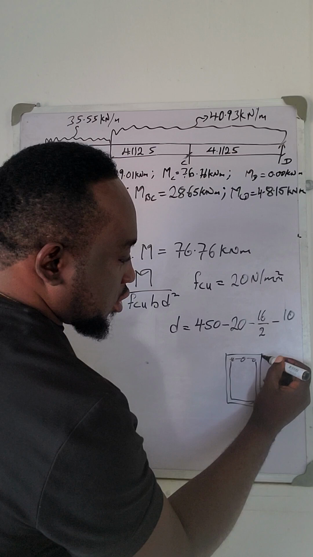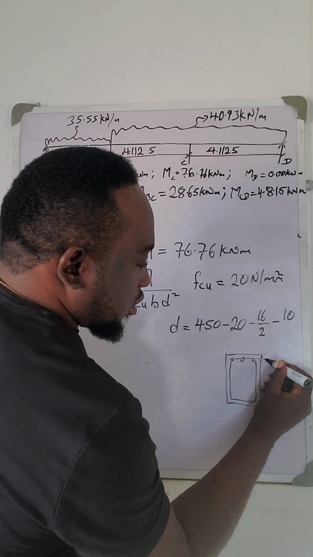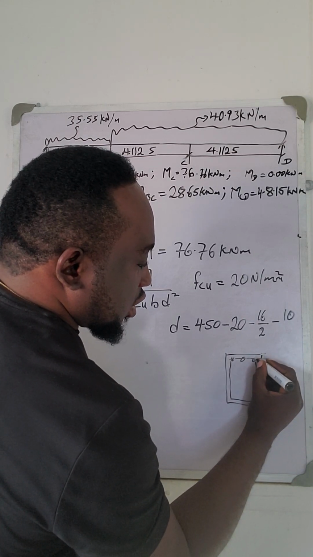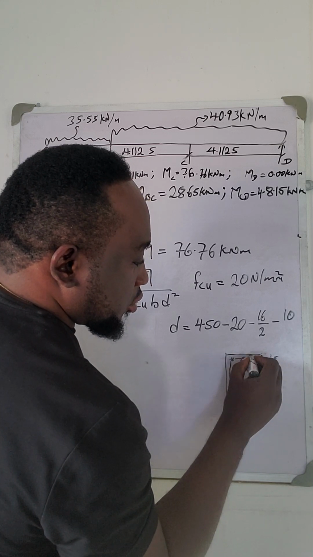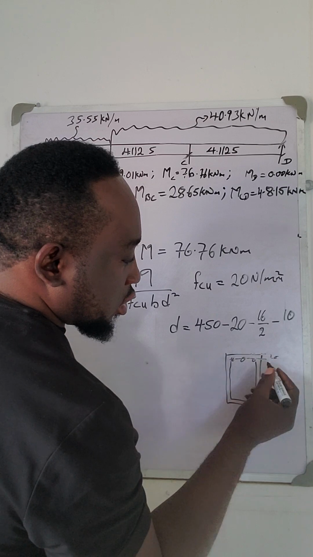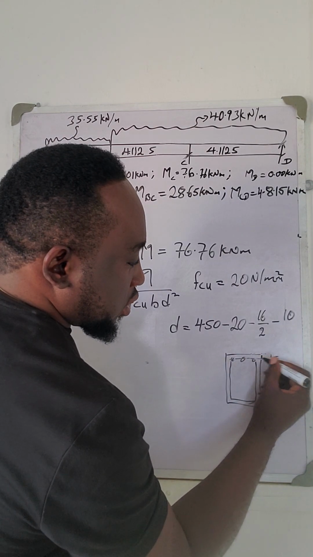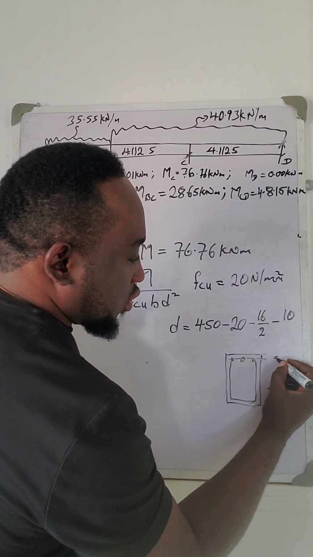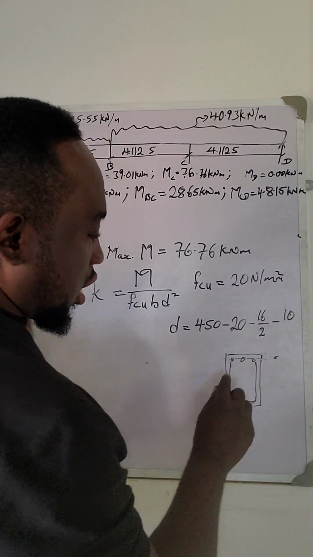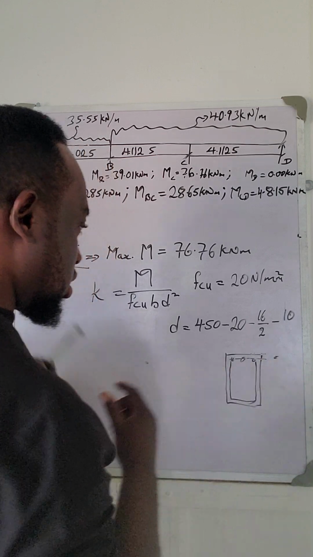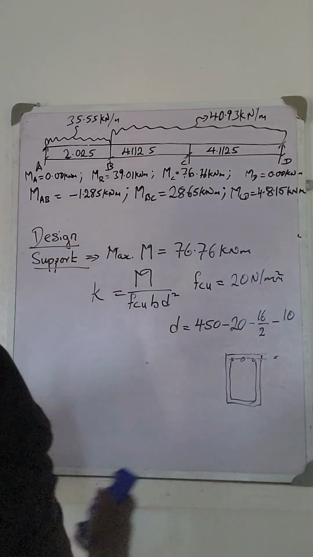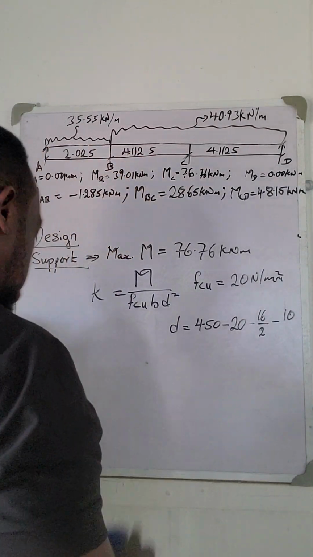The concrete cover from the formwork to the stirrup is 20. That's the concrete cover. Then half of the reinforcement, which is 16 mm, is what we have there.